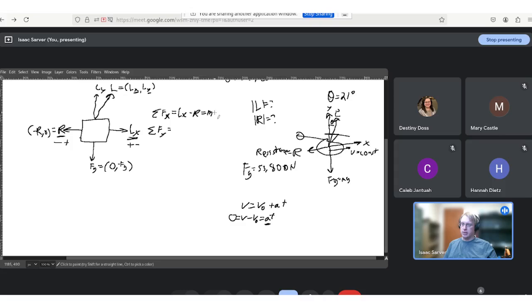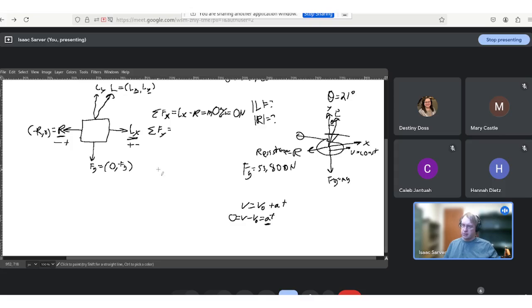So up here, my acceleration is 0, meter per second squared. So this is equal to 0, since 0 times anything is 0. In this case, this is kilograms, and that's meter per second squared, so this is a Newton. Alright. So Lx minus R is equal to 0 newtons. Okay.